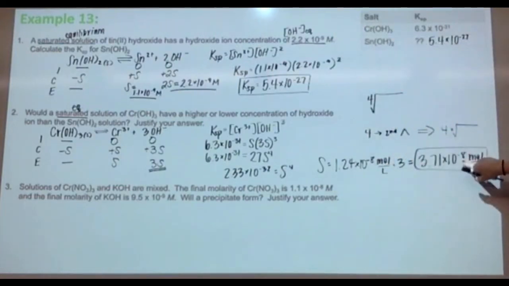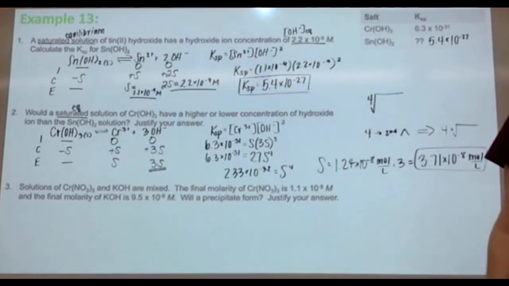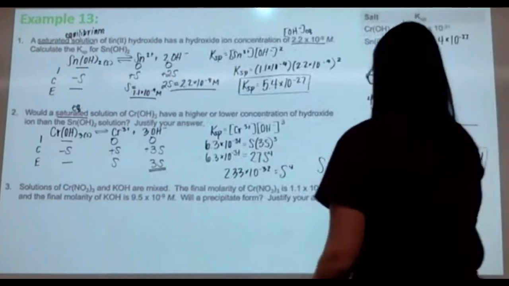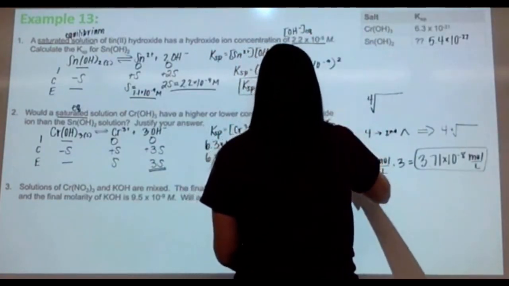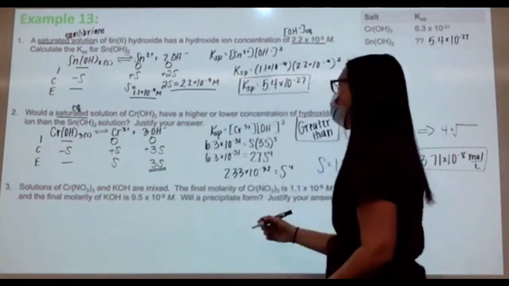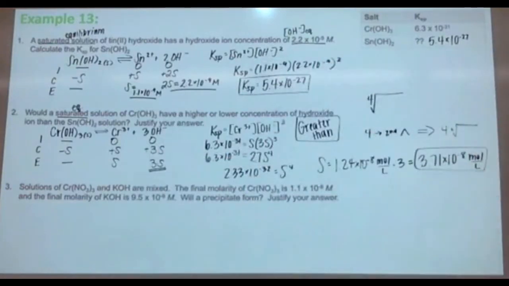Well, we're comparing negative 8 to negative 9. Negative 8 is greater than negative 9. So here I'll just say greater than. And to justify your answer, this all counts as a justification. A calculation counts as a justification.